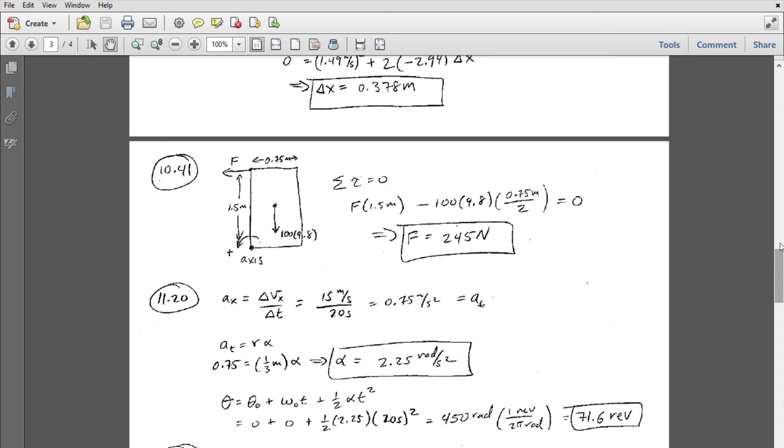So I'm imagining that in this case we're applying a force at the top corner, and we want to make it rotate around this particular axis down here. We're going to apply a force and try to get it to tip, as the problem was phrased.